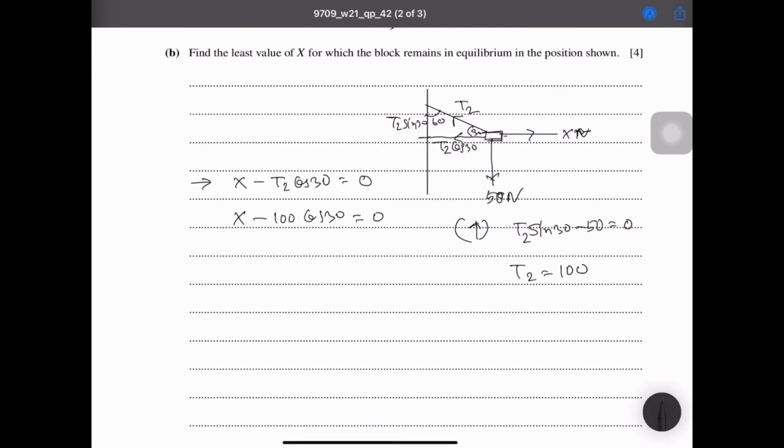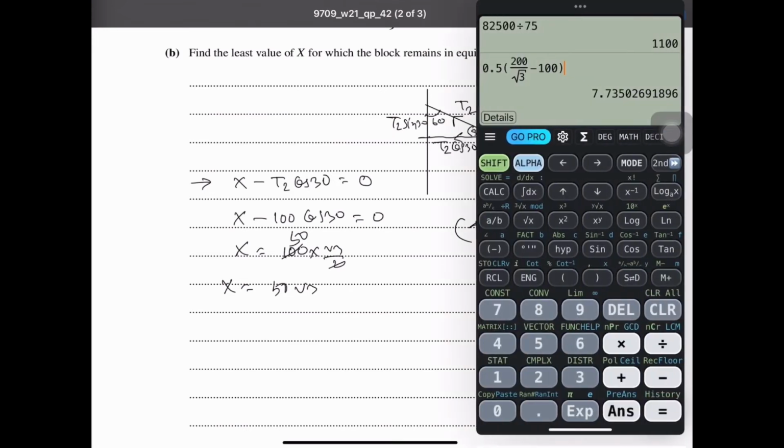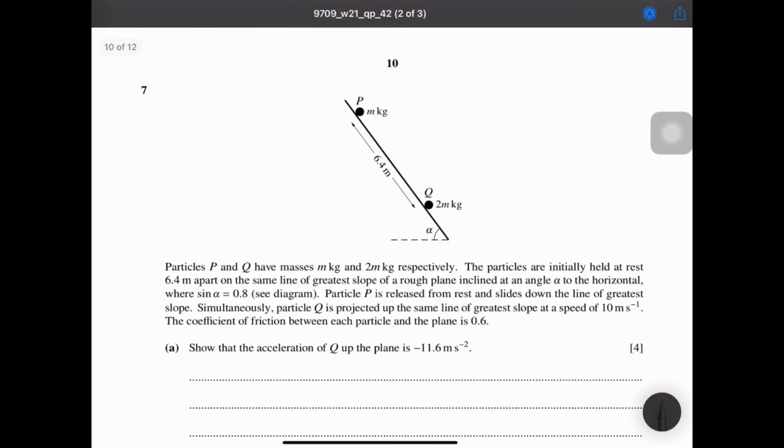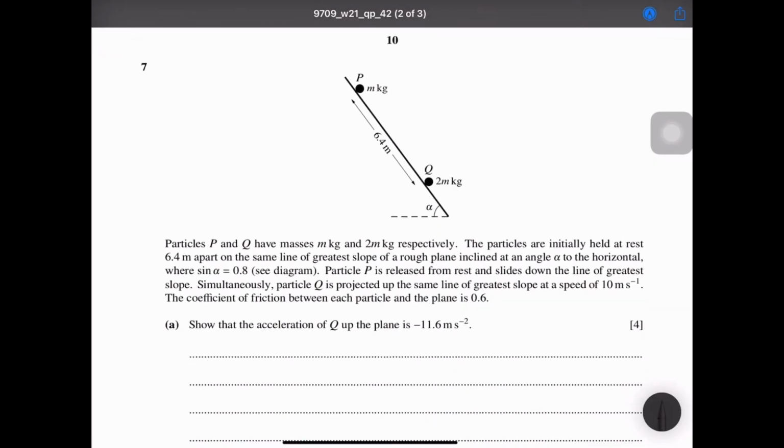So let me use the calculator. 100 minus 100 into root 3 by 2. So this is 50, that means x equals 50 root 3. So to keep it in equilibrium, we will need 6.6 Newton force.